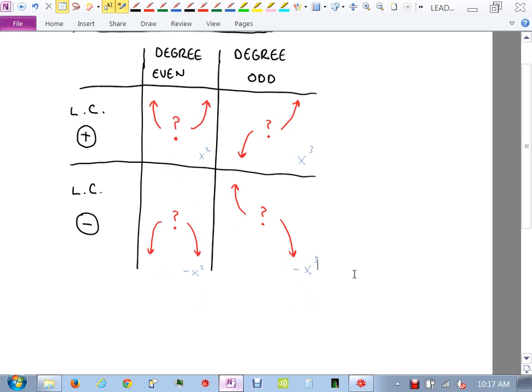All right, so although this gives us a lot of information about the left and right sides of our graph, there's still a whole lot we still have to determine, which is that inside question mark. Now, everything in here is referring to what's called the left and right hand behavior.